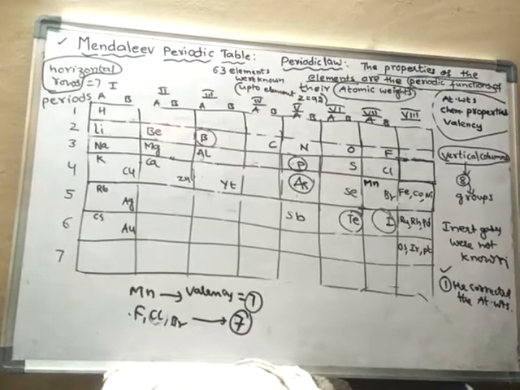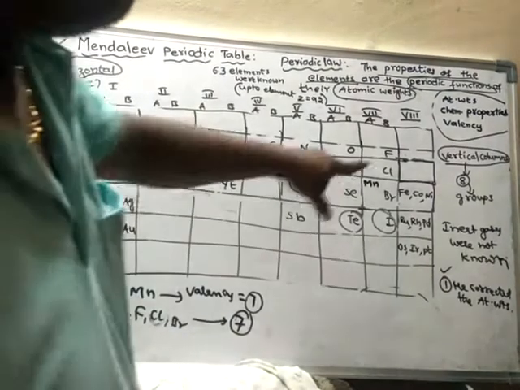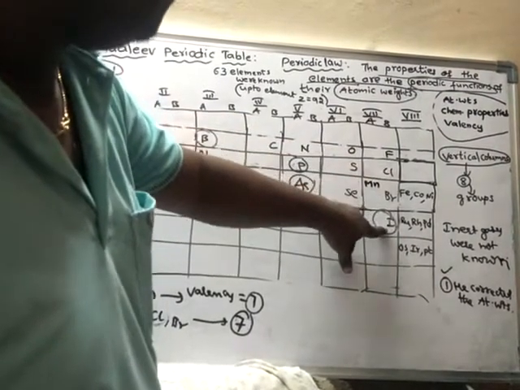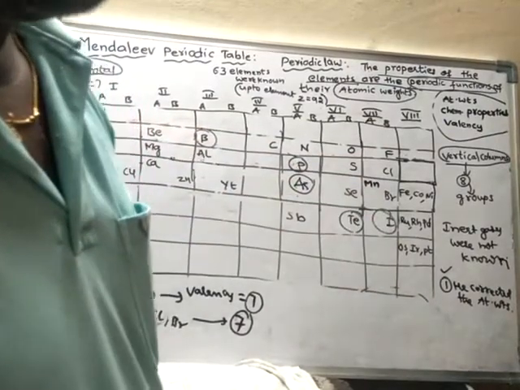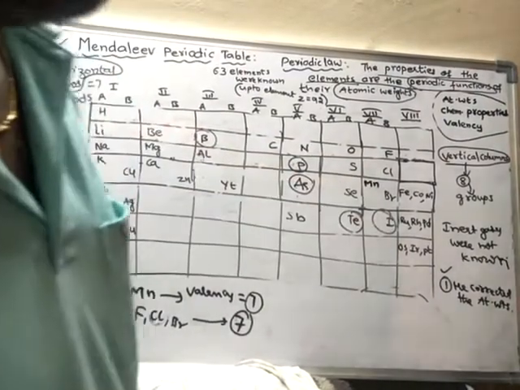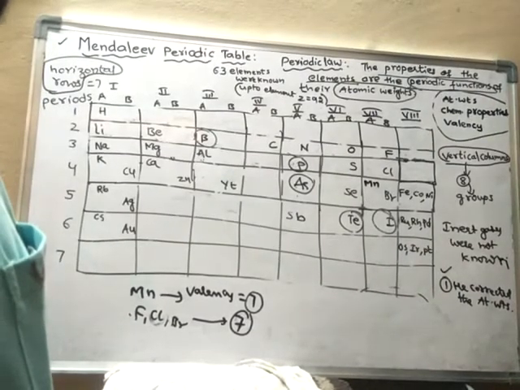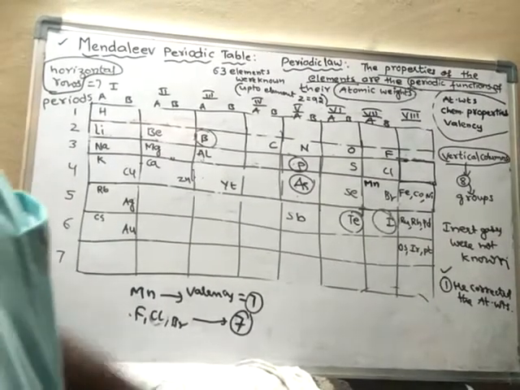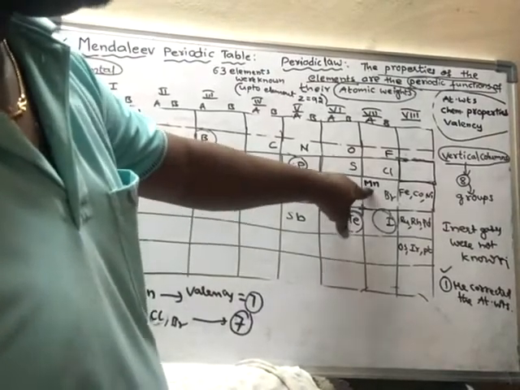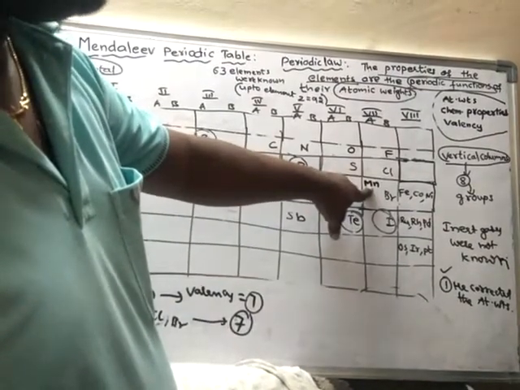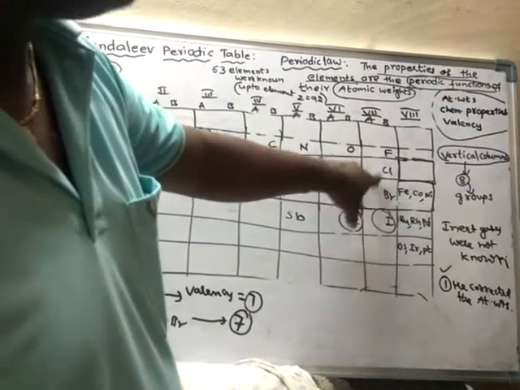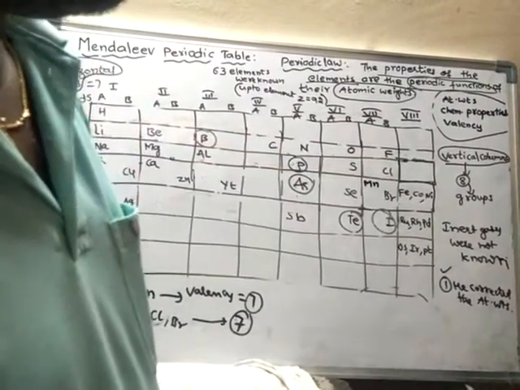But one thing we have to remember, that fluorine, chlorine, bromine, iodine are non-metals, whereas manganese is a metal. The properties of non-metals are entirely different from the properties of metals. That means the properties of manganese are entirely different from the properties of other elements.